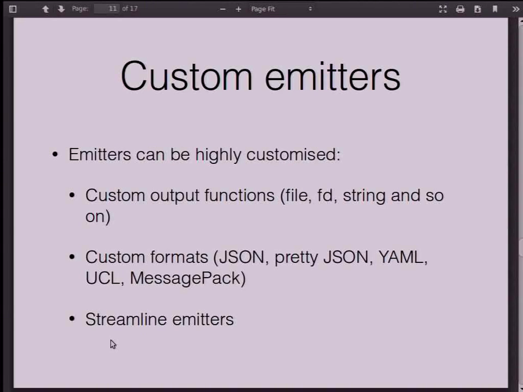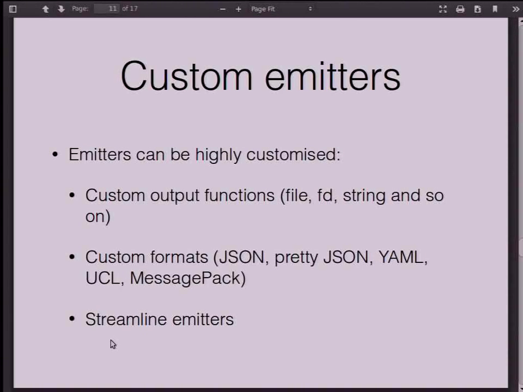There is also support for streamline emitters, so you can just open an object and add keys as many as you want. They are not stored in memory explicitly, so you don't need to store them. That's good if you want to output a big object, for example, from some parsing utility to another utility and so on.